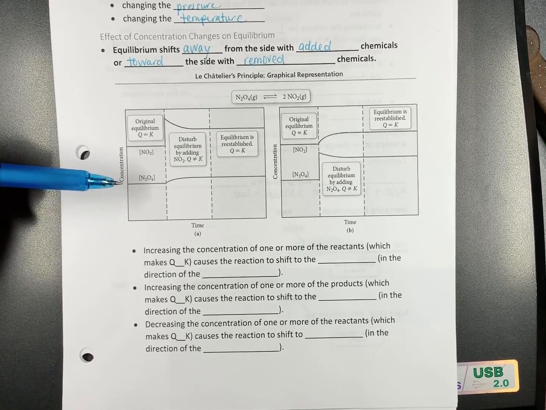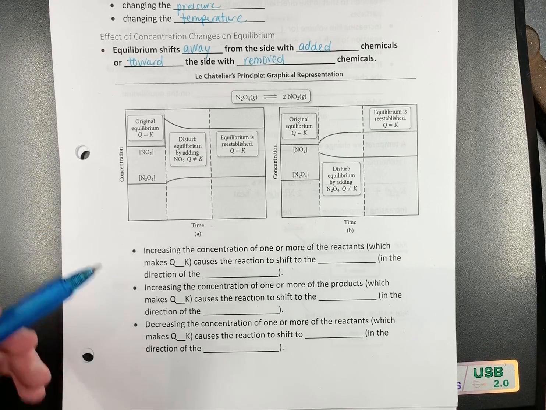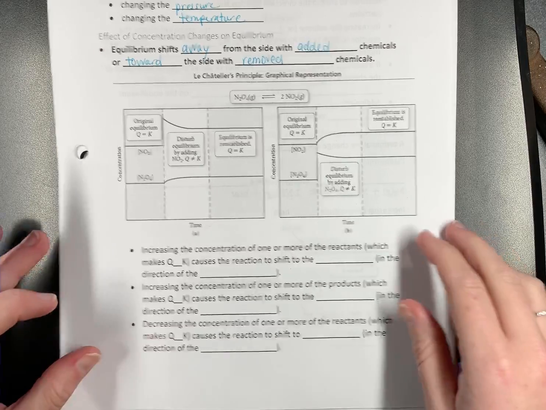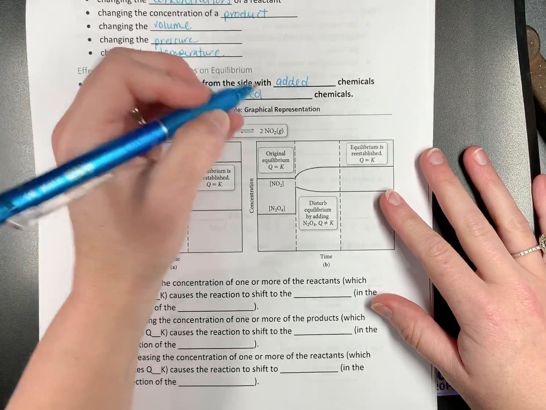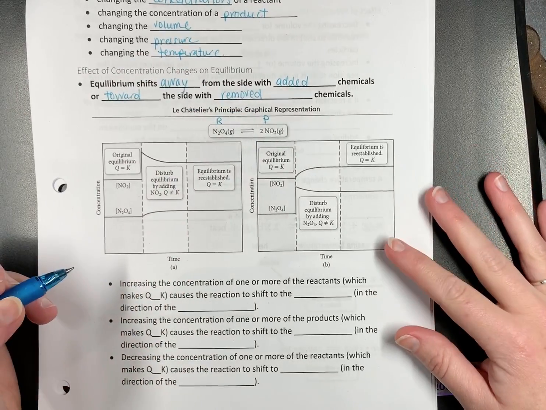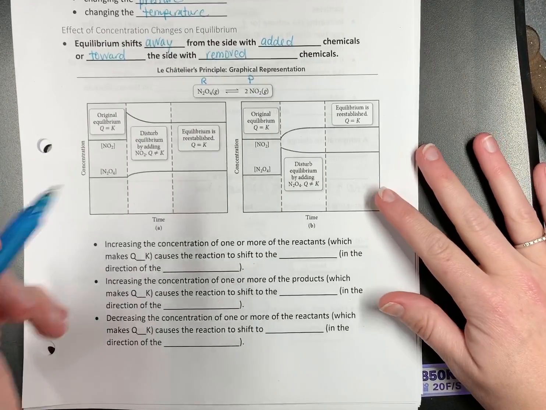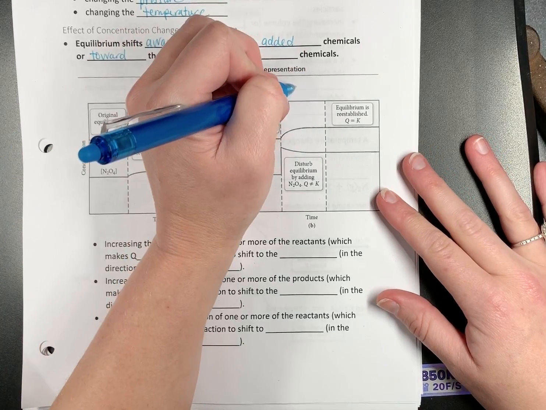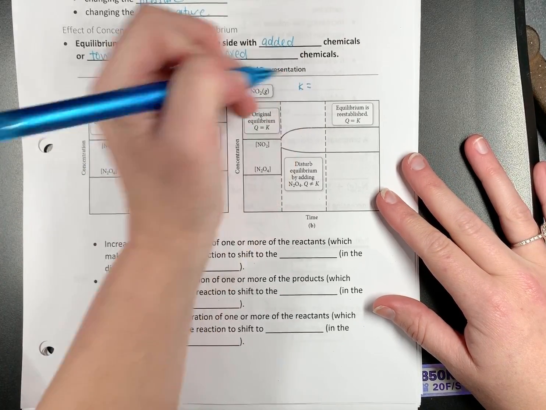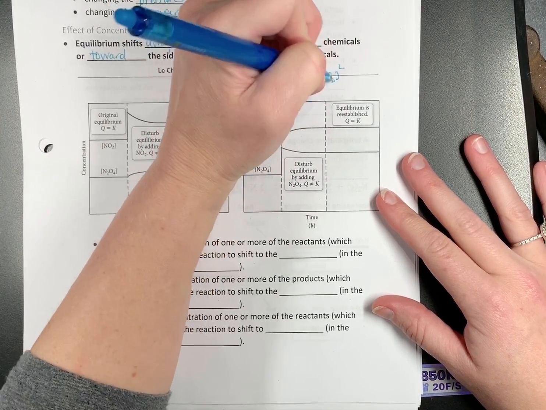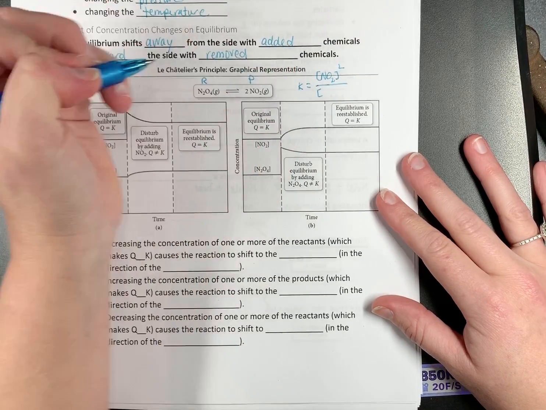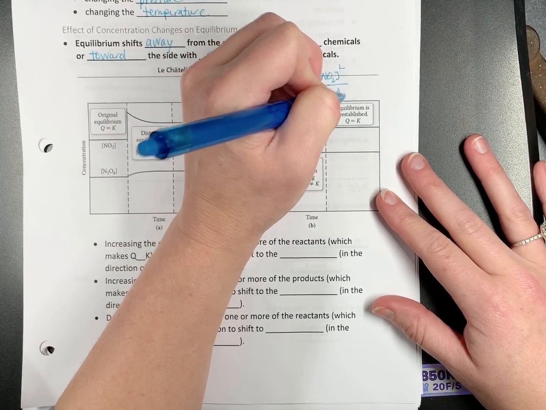This is a graph. I don't like this graph. It tends to make things more confusing for me, but when you're dealing with concentrations, just remember, think about your reaction. So here, this is the reactant, here is the product. In this reaction, the equilibrium constant is NO2 squared over N2O4.